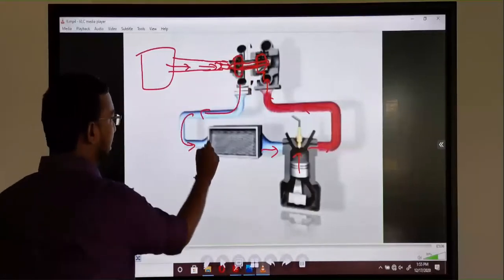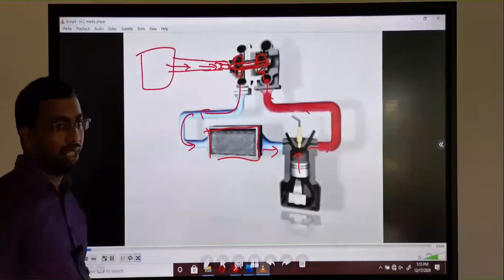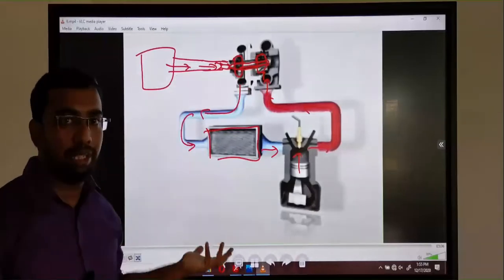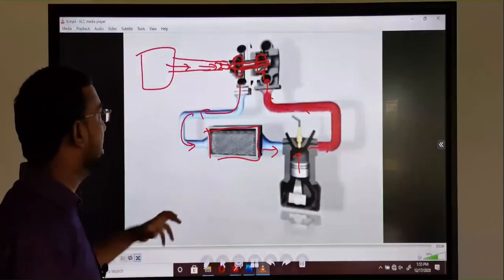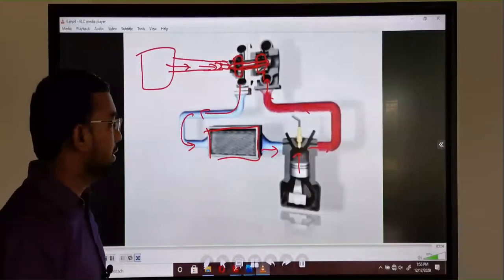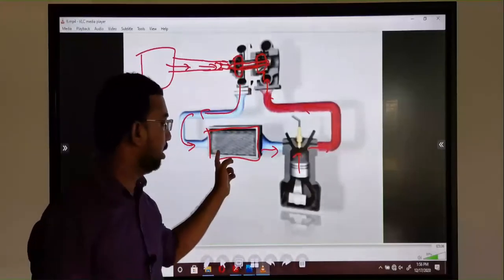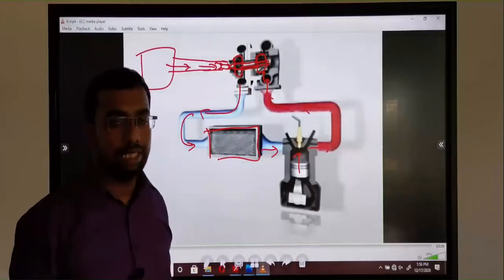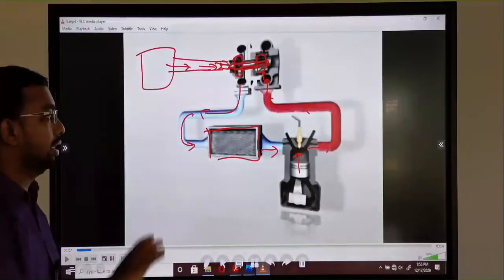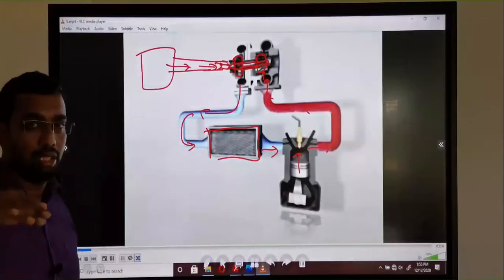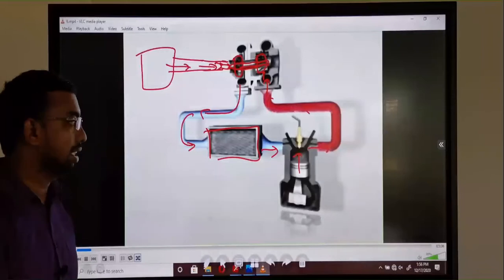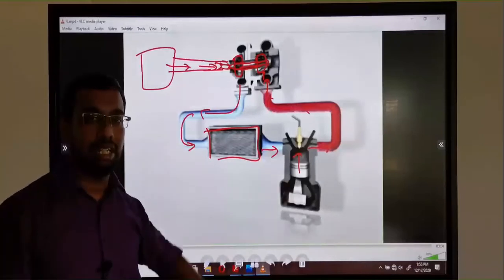So why this intercooler? Because of this process, or this atmosphere temperature, this air may be very hot. So when we supply the hot air inside the engine, what will happen? I already told you the engine works at a certain working temperature. Sometimes that working temperature may increase.